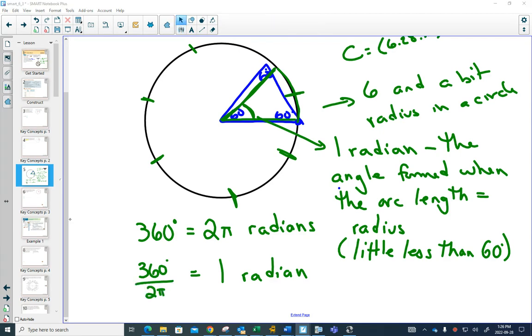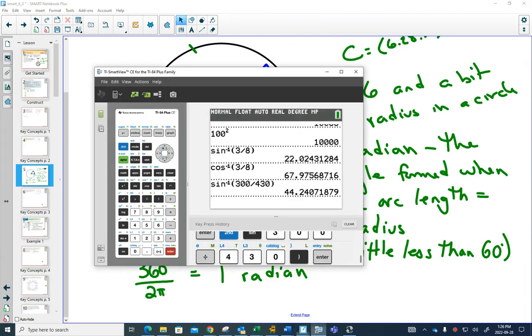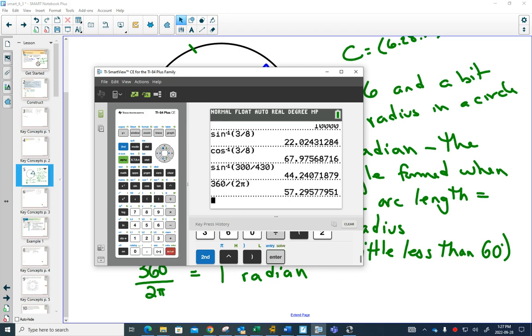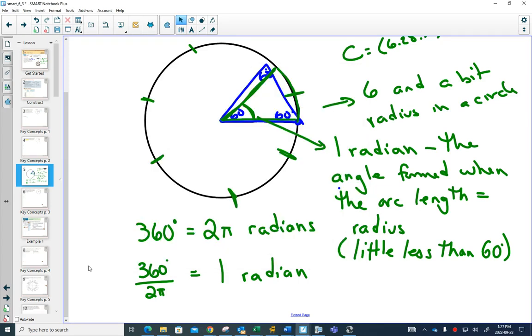If we go to our calculator and test that out, 360 divided by, wait for it, 2 pi. Put the 2 pi in brackets because you're dividing by more than one thing. Push enter, 57.295. That's more accurate.